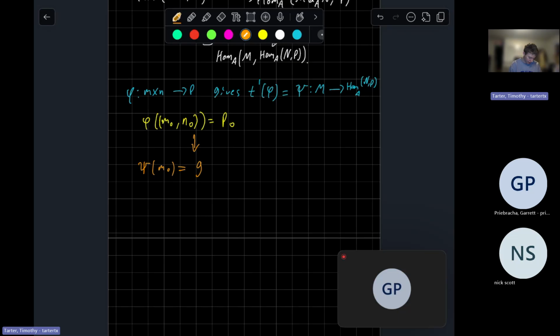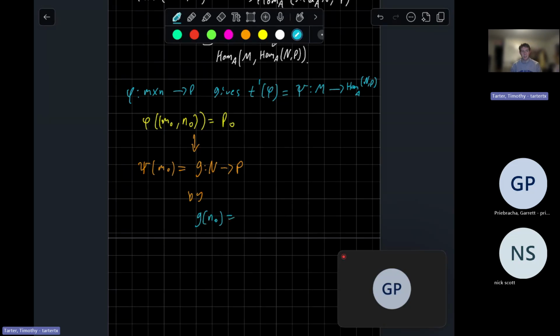Psi goes from G of N naught; the image of G should be the N naught of P, N to P by G N naught equal to P naught.